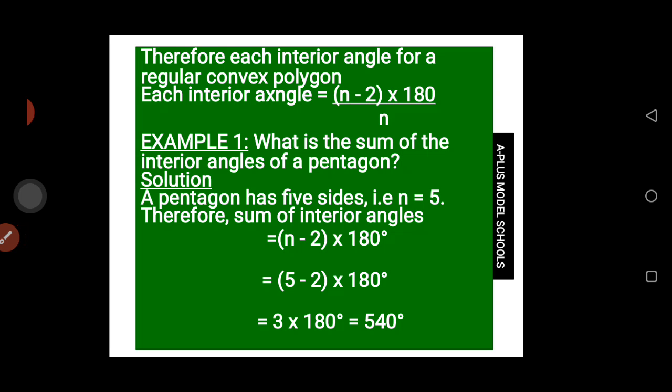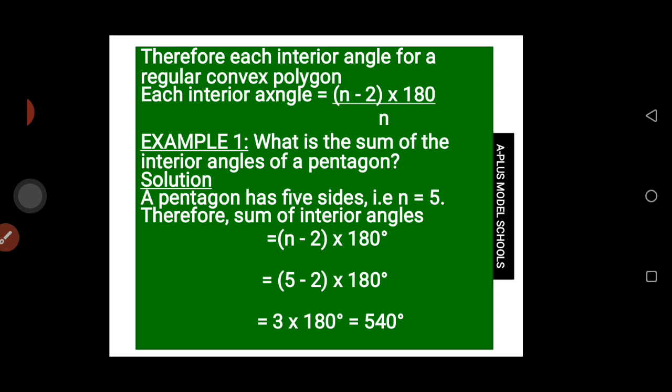Example 1. What is the sum of the interior angles of a pentagon? Now, you all know that a pentagon is a polygon with 5 sides. So, for us to look for the interior angles, that will be the formula, which is (n minus 2) multiplied by 180 degrees, where n is the number of sides, which is 5.